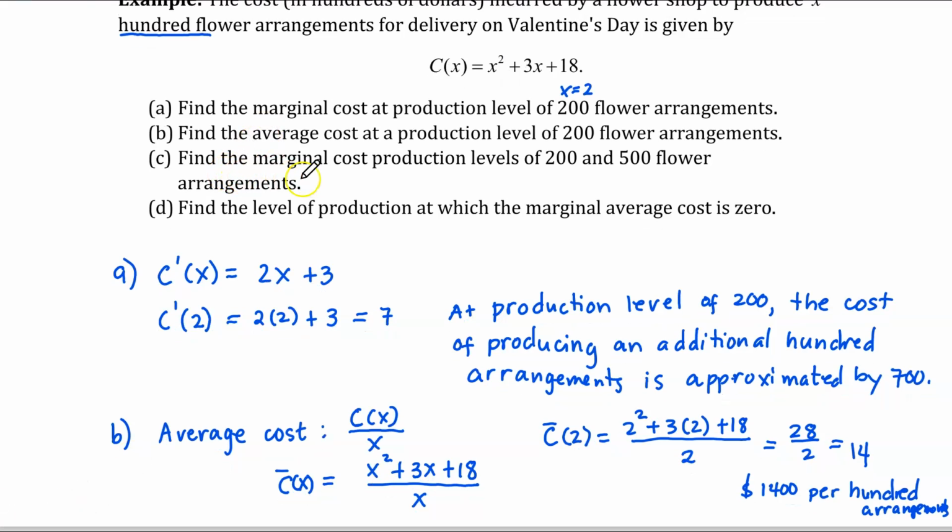Next, we compute the marginal cost at production levels of 200 and 500 flower arrangements. Now, the marginal average cost is just the derivative of the average cost function.